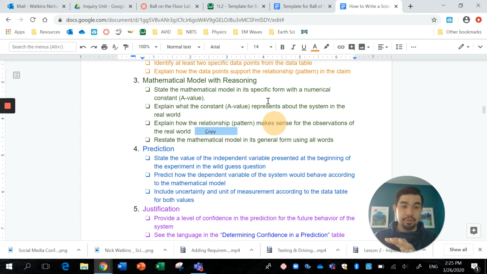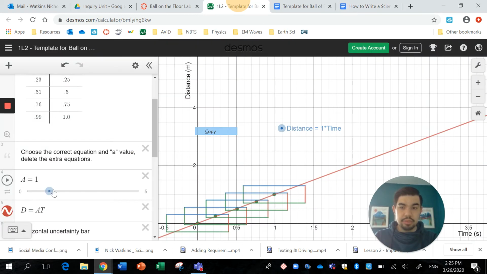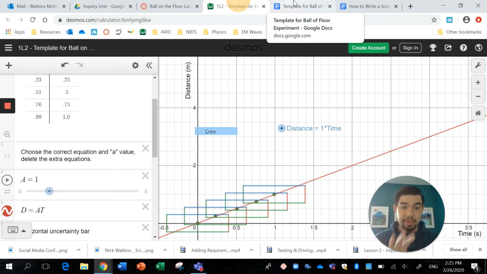Everybody states the mathematical model with the A value. You remember in our graph here, our A value was 1. So this is our mathematical model. Instead of writing just D equals AT, our mathematical model would be distance, which is the Y, equals 1, which we found here, times time. That is our mathematical model.